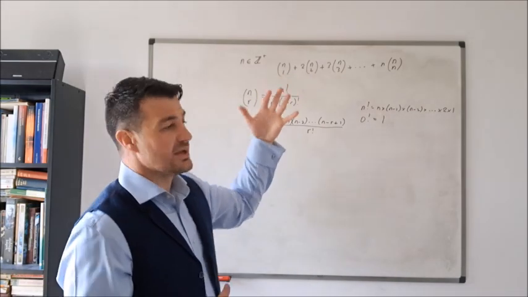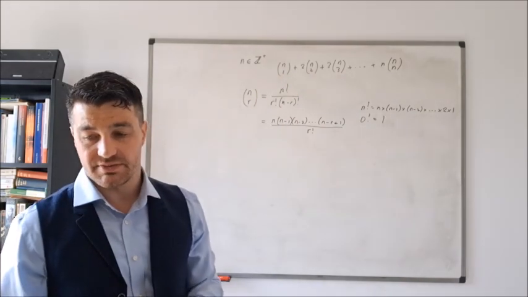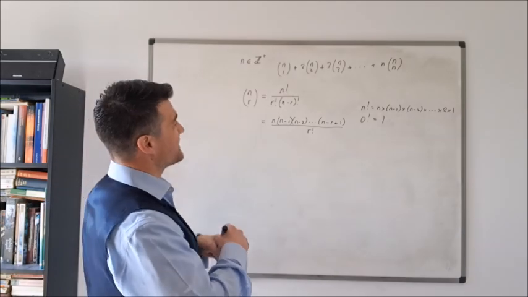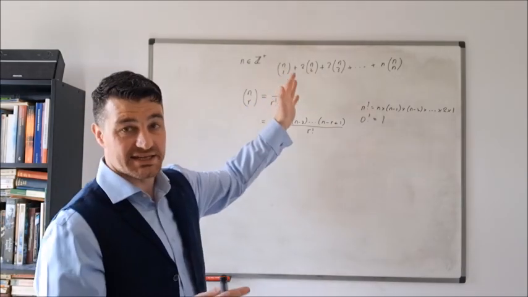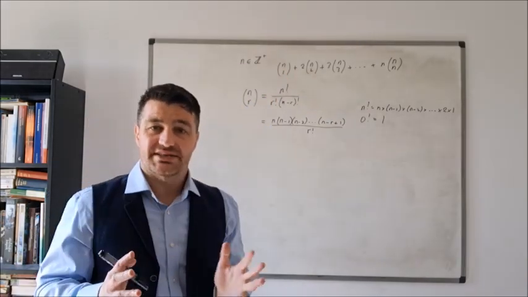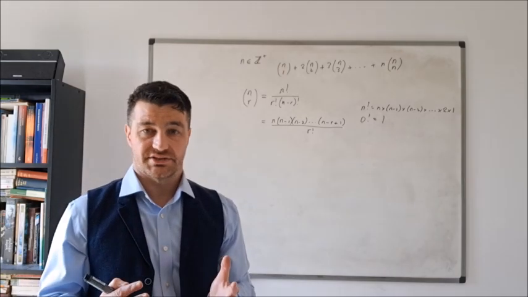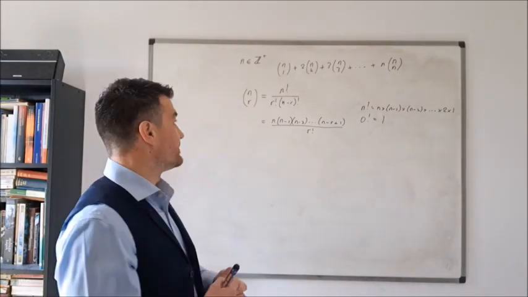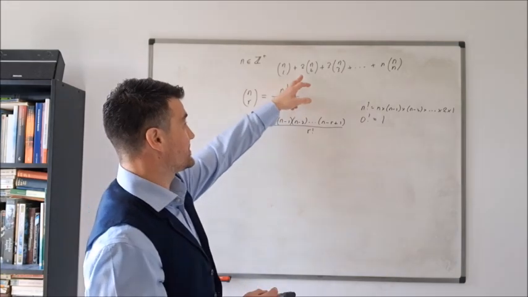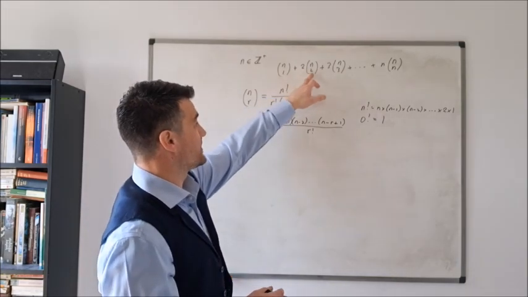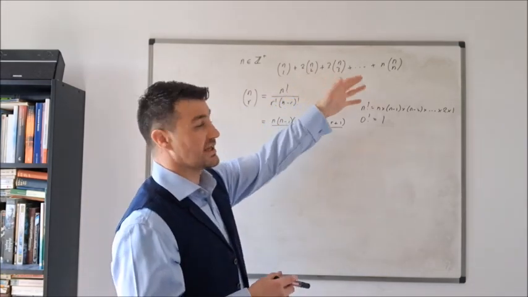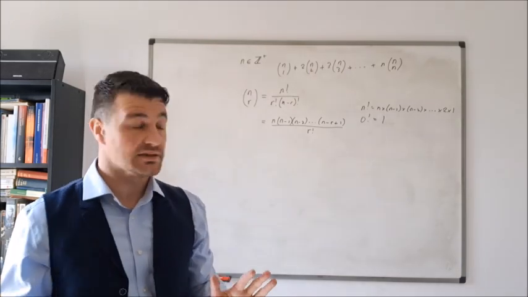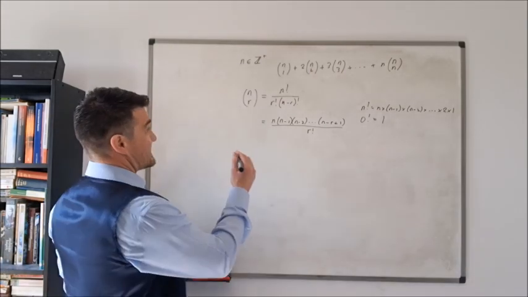Okay, so when I first attempted this problem, the first thing that attracted my attention was the pattern that I see here. Try to pick up on certain patterns, okay? When you're solving a problem, try to pick up on certain patterns. One of the patterns that I noticed here was that this number is always the same as this number, okay? Seems like an obvious thing, but let's have a look then.